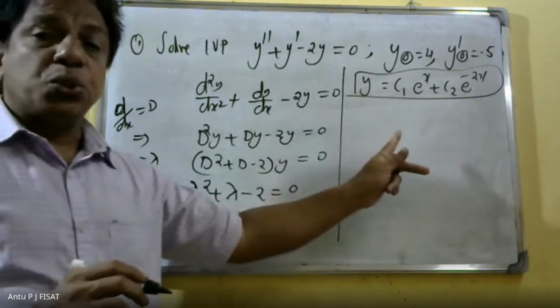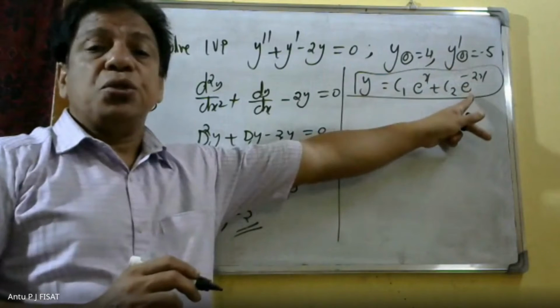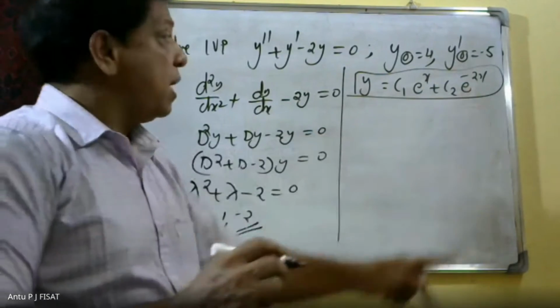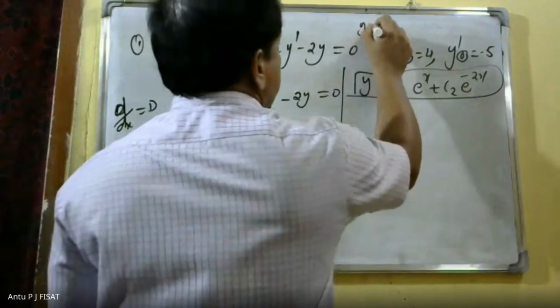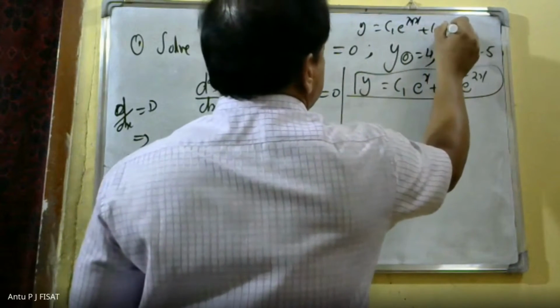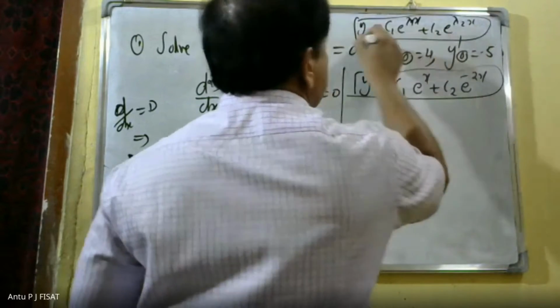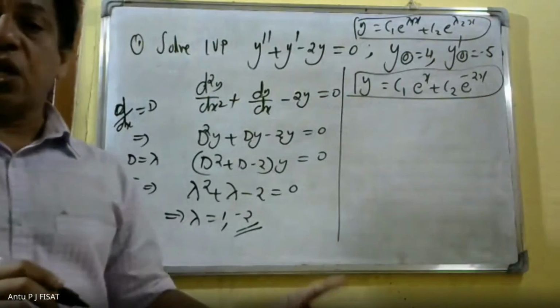The formula is y is equal to c1 into e raised to lambda 1 x plus c2 into e raised to lambda 2 x. This is also known as the complementary function.